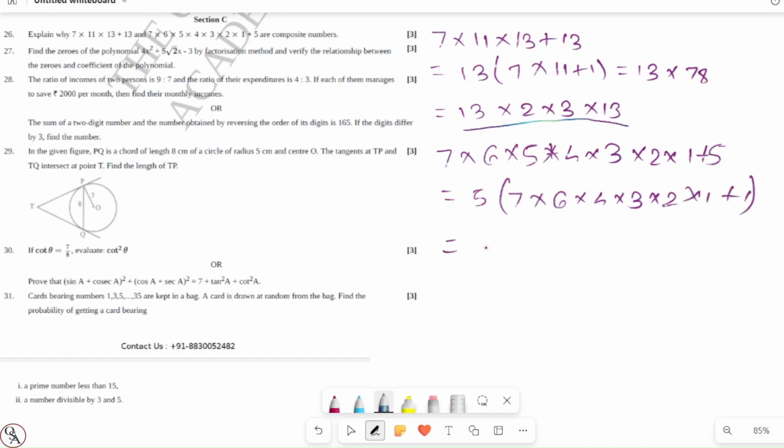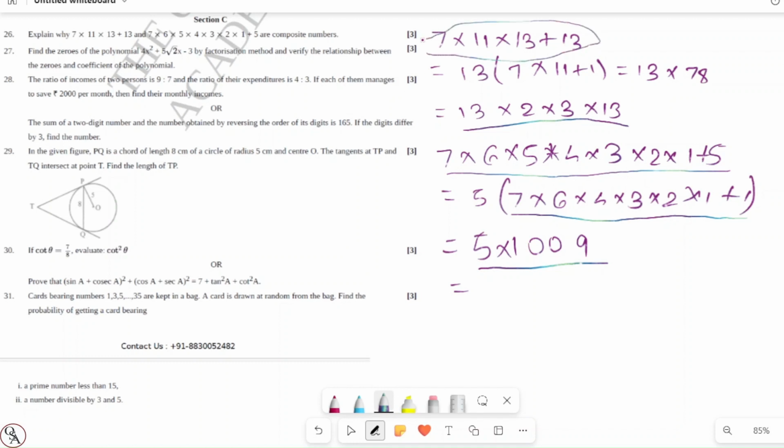So here we get 5 into this whole number, 1009, which cannot be factorized further. So this is the factor of the second number. We are getting multiple factors for these two numbers, so hence these are composite numbers. Okay students, I hope you understand this.